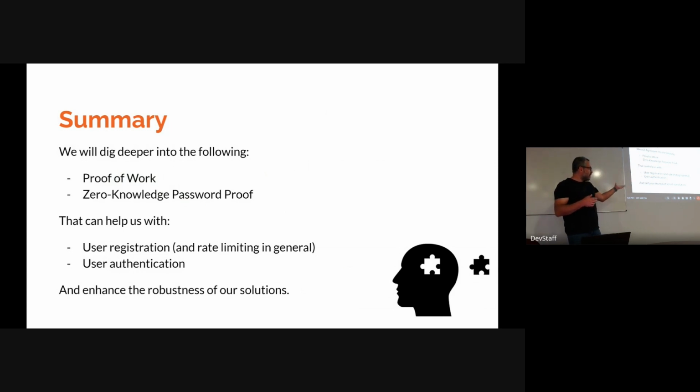And for the second part, the user authentication, well, actually, it's twofold. First of all, you don't send the password, and of course, you can rate limit what has been done. Okay, there are a lot of examples that we will see later.